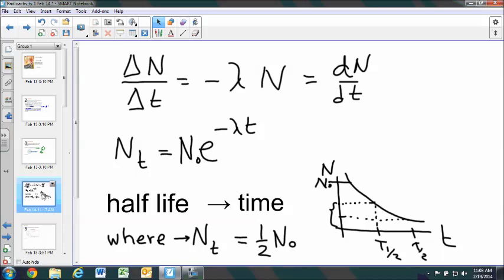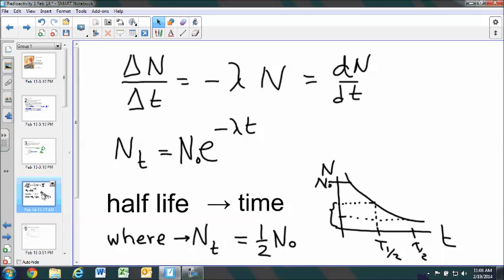And I mentioned how if you have a bunch of radioactive atoms, you do not know which one of those atoms is going to decay. But one thing that you can say is that the more you have, the probability, the likelihood of one of these atoms to decay is going to increase.